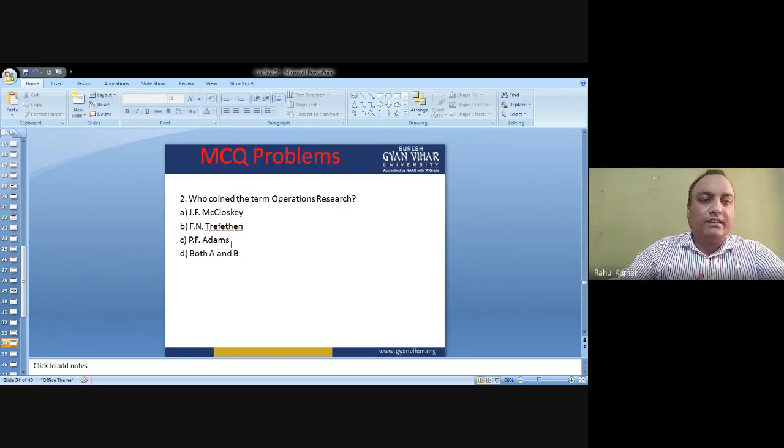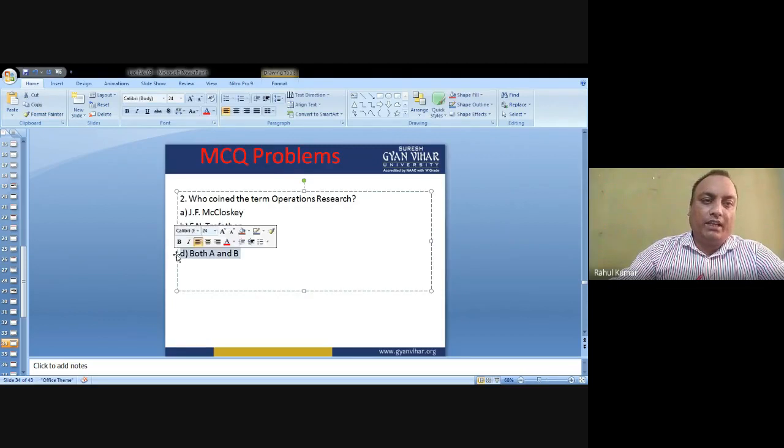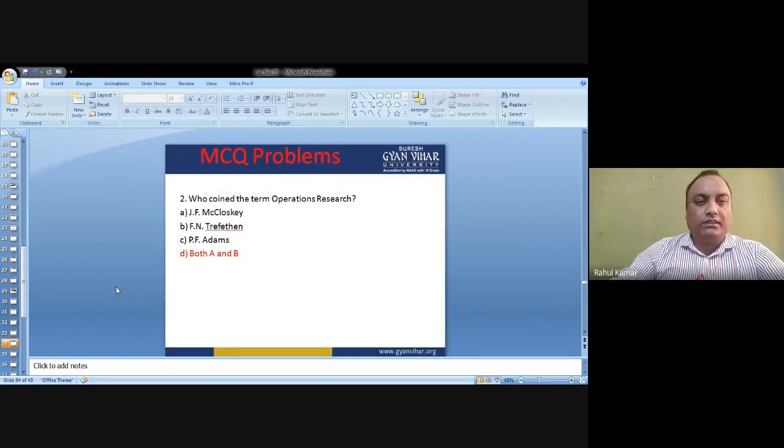The correct answer is here, D, A and B answer, G F McClosky and F N Stephenson. So this is the correct answer for this question. So this MCQ question is very important for any topic. So we solve very quickly.